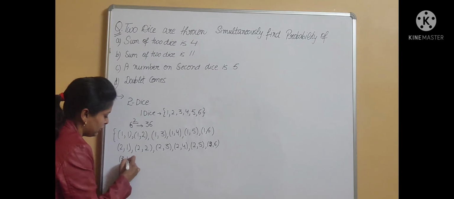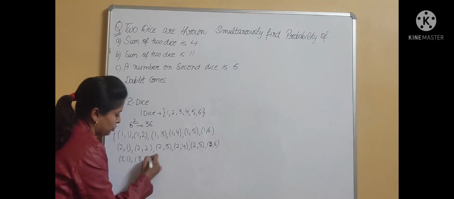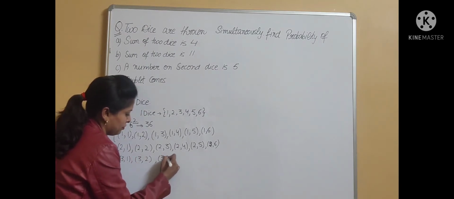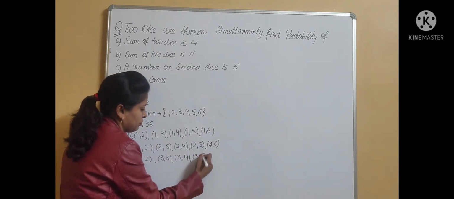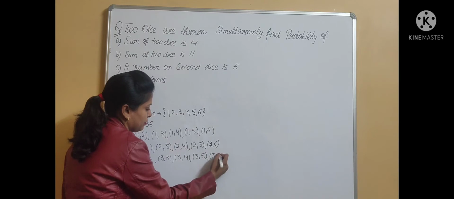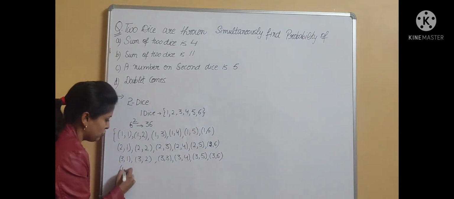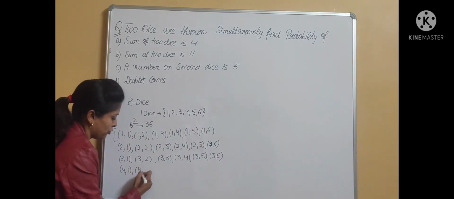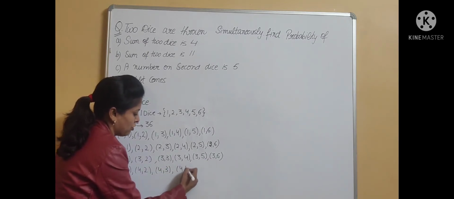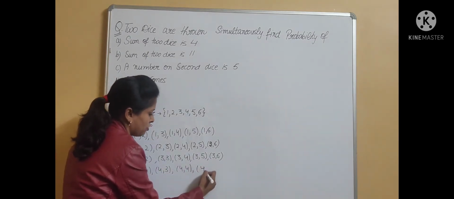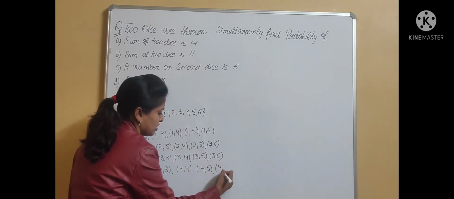Next 3 1, 3 2 up to 3 6. Next is 4 1, 4 2, 4 3, 4 4, 4 5, 4 6.